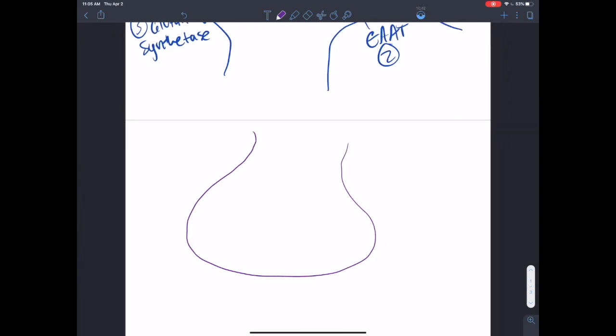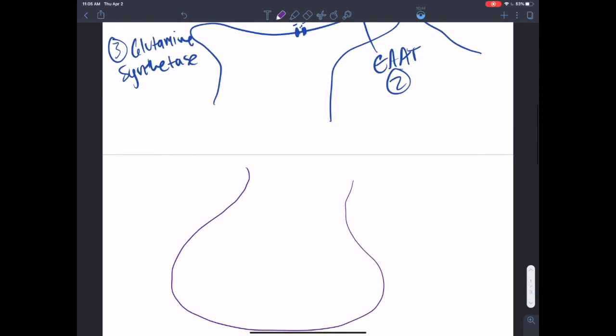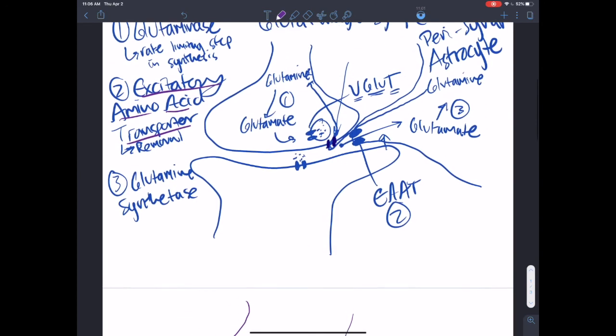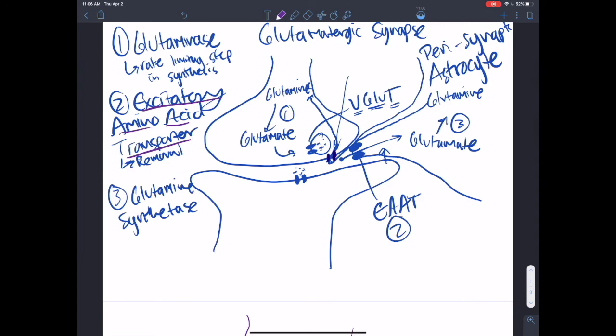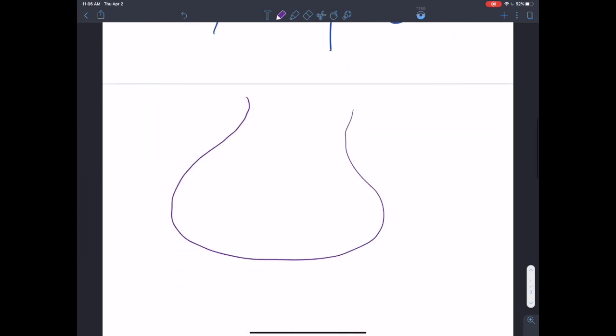So the interesting thing about a GABAergic neuron, I talked about how dopaminergic neurons are dopaminergic because they don't contain those two enzymes that turn them into norepinephrine or epinephrine. Well, the only difference between a GABAergic neuron and a glutamatergic neuron is that a glutamatergic neuron has just this glutaminase, and a GABAergic neuron has glutaminase too, right?